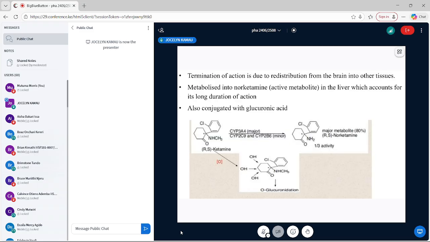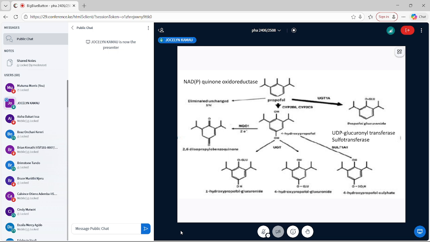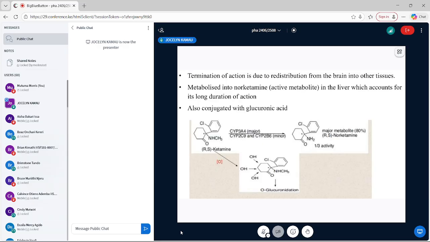If you look at this phenyl group, that's position 1, that is position 2. So that's why we are saying 2-chlorophenyl at position number 2. We are just trying to understand the name. Position 2, 2-chlorophenyl, and then 2-methylamino. At the same position where the chlorophenyl originates from, we have also the methylamino group.